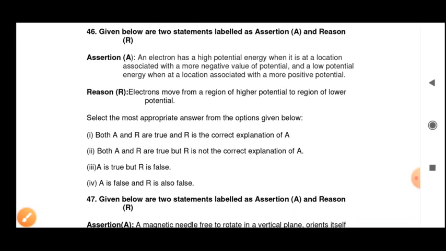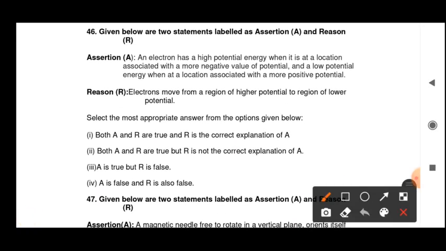Now let's see the second one here. The assertion is given: an electron has a high potential energy when it is at a location associated with a more negative value of potential, and a low potential energy when it is at a location associated with a more positive potential. Reason is given: electrons move from a region of higher potential to a region of lower potential.